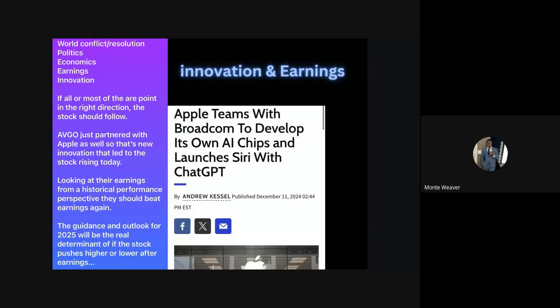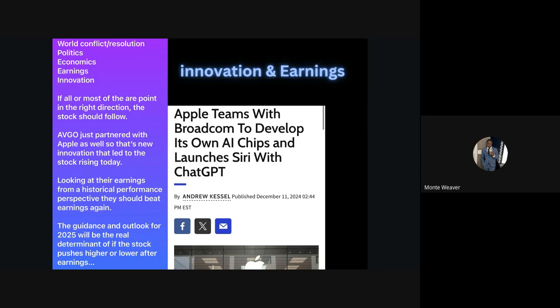Next, innovation and earnings, right? So Apple teamed up with Broadcom to develop its own AI chips, and they launched Siri with ChatGPT, right? I had a good question that someone asked me in the Facebook group before Broadcom reported earnings. We were trying to figure out whether that person should hold their contract through the earnings of AVGO.